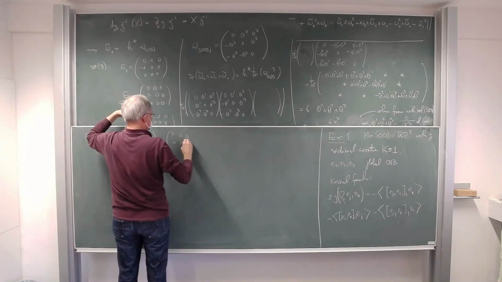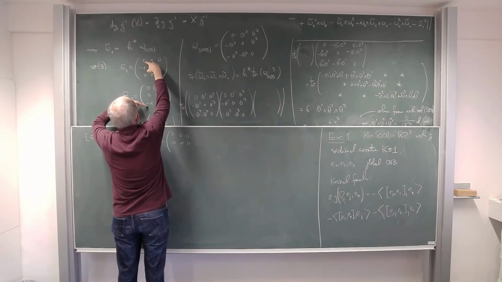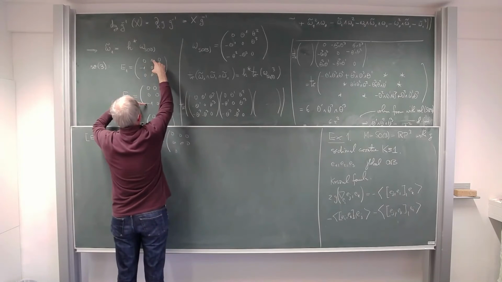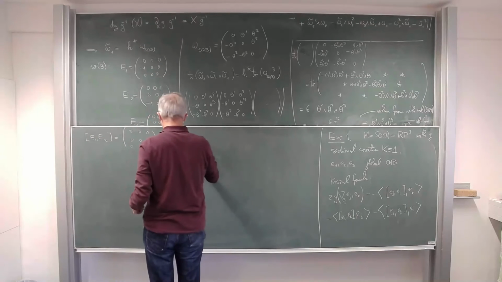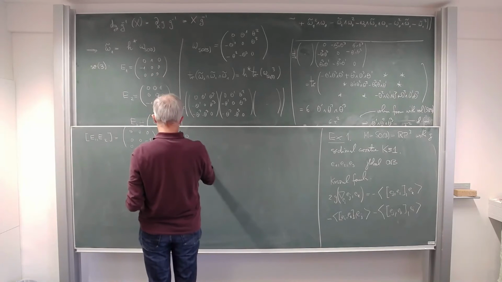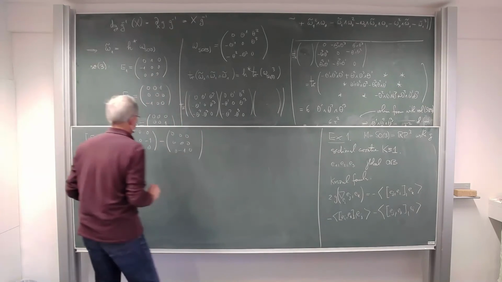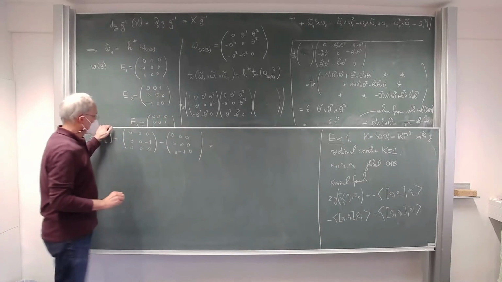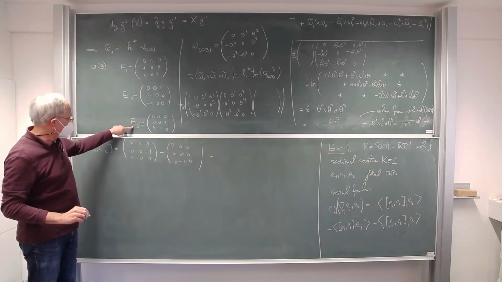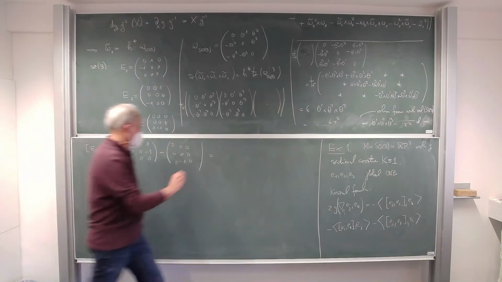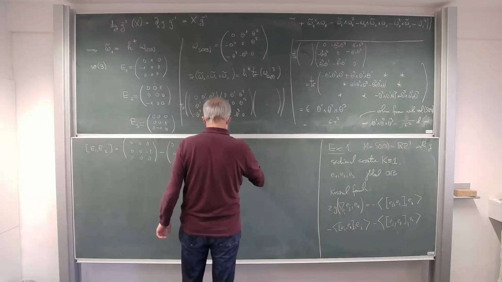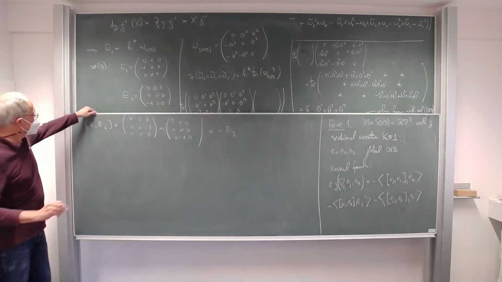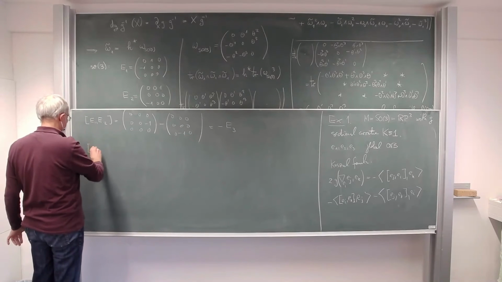This gives me all the zeros. Then this is a 0, and here I have a minus 1. Oh, that's not quite true, because it should be skew symmetric. Oh no, it's skew symmetric. And so what is it? It's exactly minus E3, right?